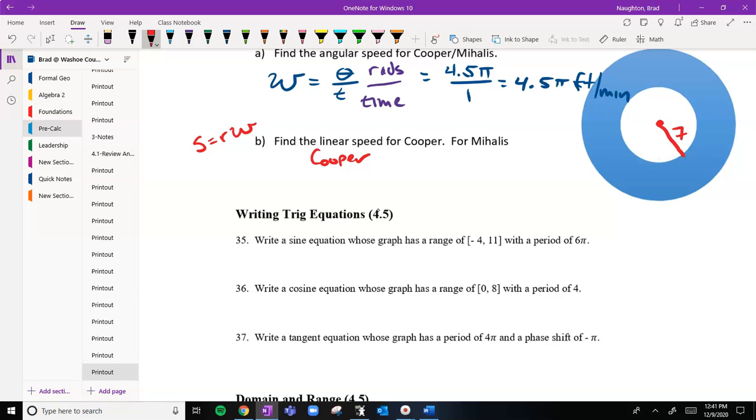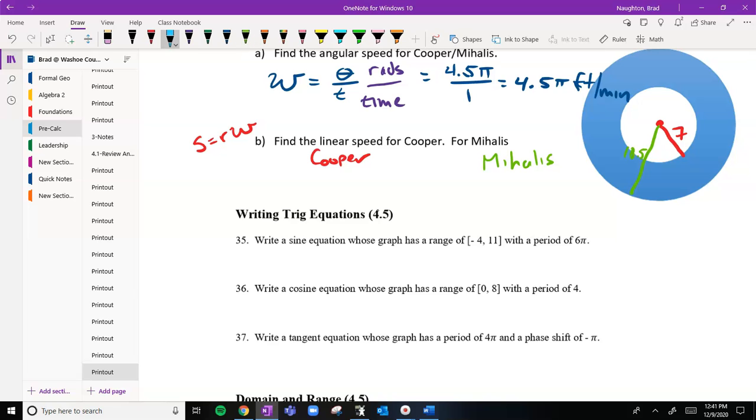So he's going to be going a little bit slower than Mihalis. Mihalis is going to be the daredevil here, and he's going to go 18.5. So to cover the same ground in the circle, Mihalis has a lot more distance to travel. So that's why Mihalis is going to be going a lot faster.